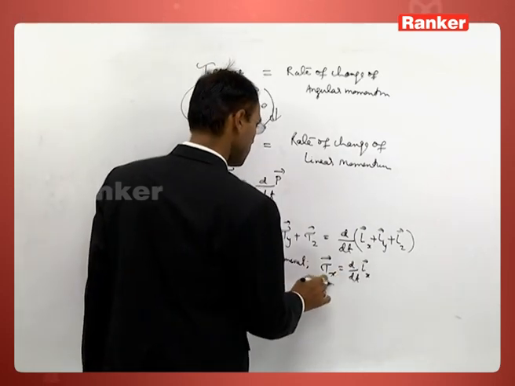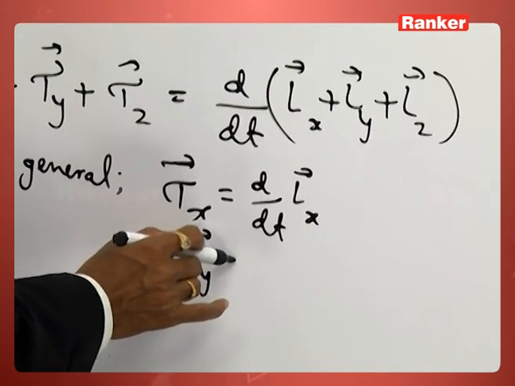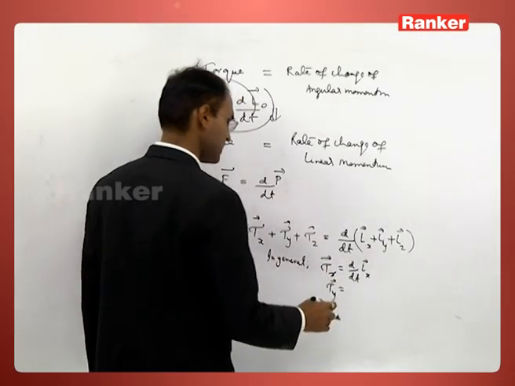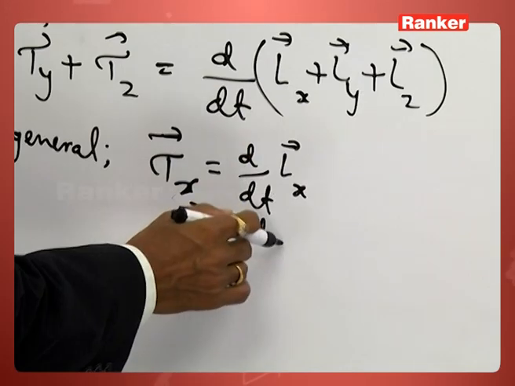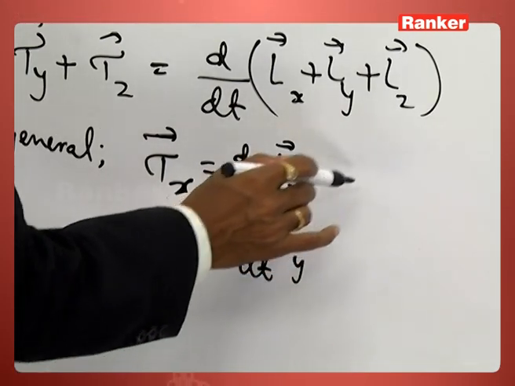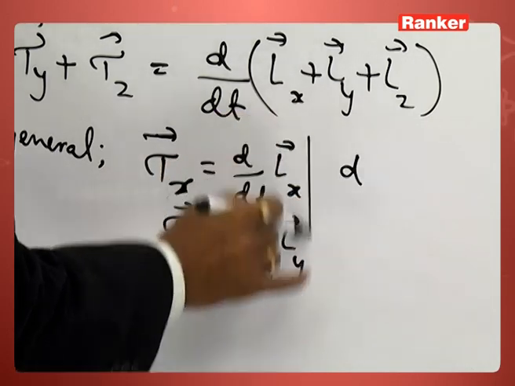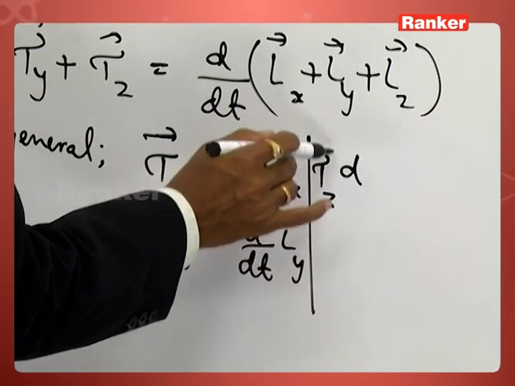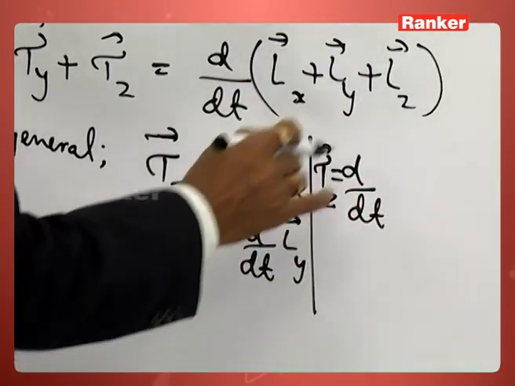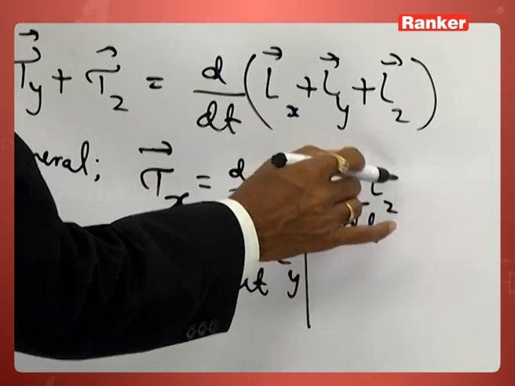Torque about x-axis is equal to time derivative of angular momentum about that axis. Torque about y-axis is equal to the time derivative of the angular momentum about y-axis, and torque about z-axis is equal to time derivative of, or rate of change of, the angular momentum about z-axis.